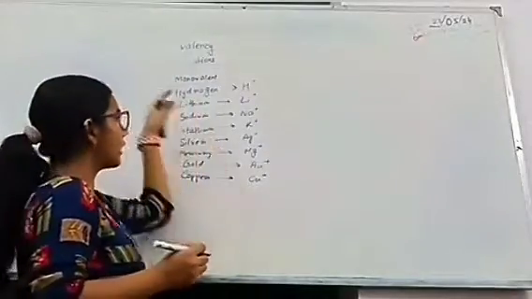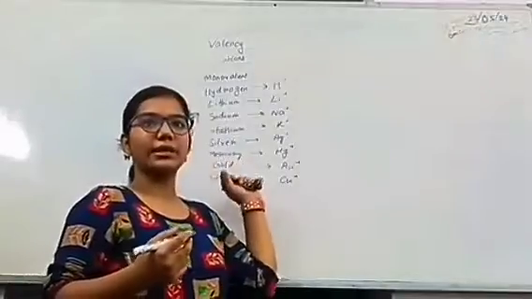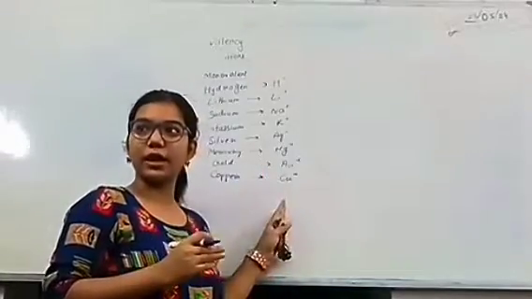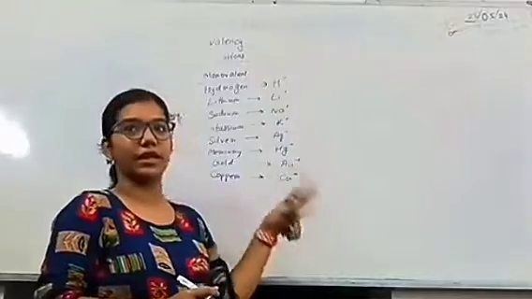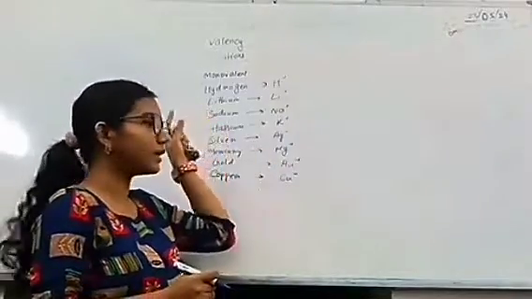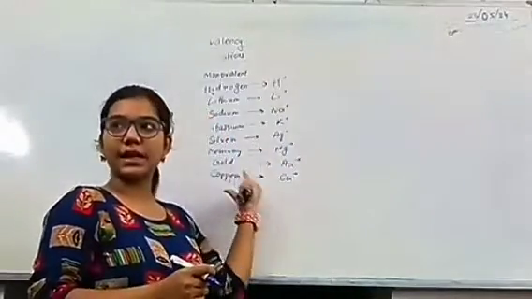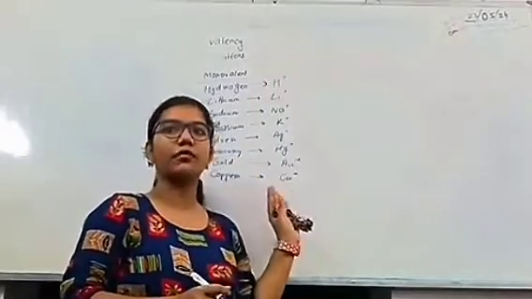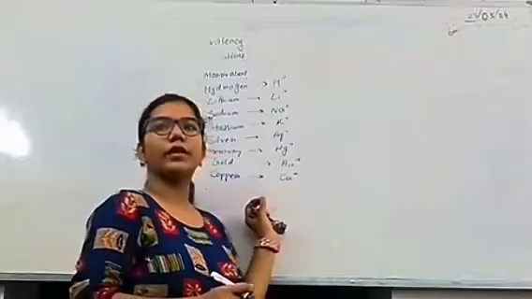So if you learn only this, it's 8. If you learn these 8 by heart, then you are going to learn the whole valency chart, because you know that only this number of cations are monovalent. That means the rest are all divalent. So you don't have to learn each and every one of them.